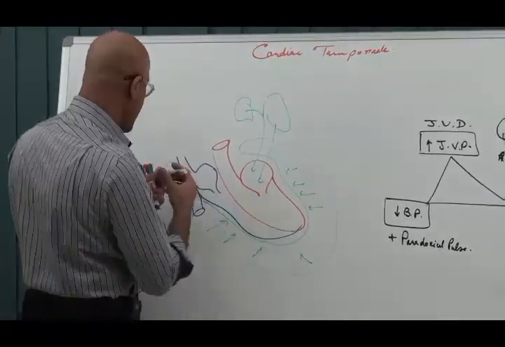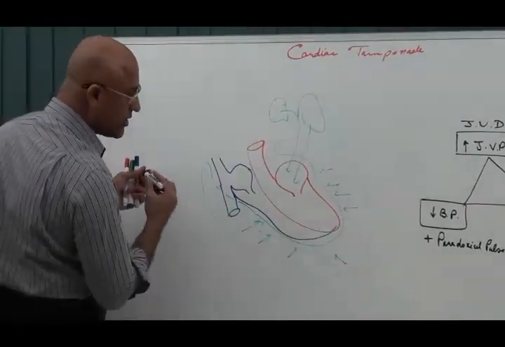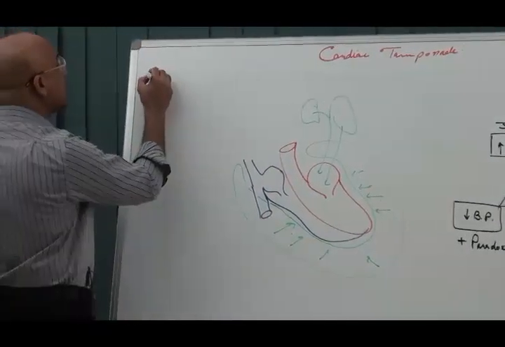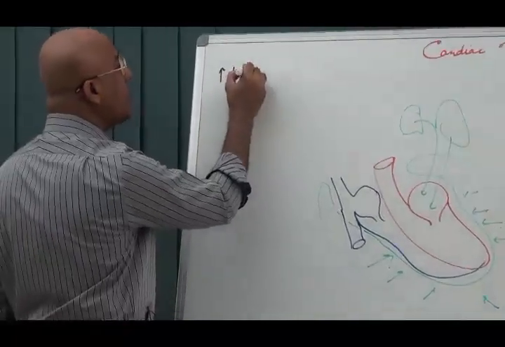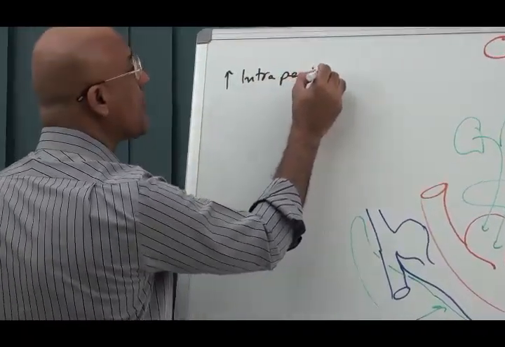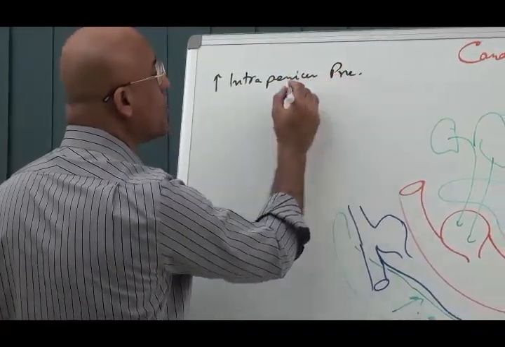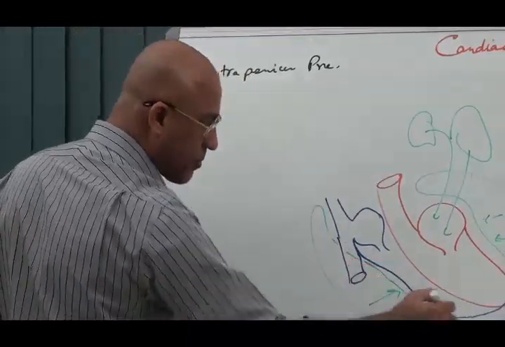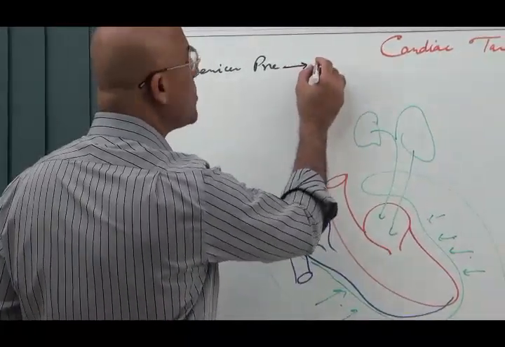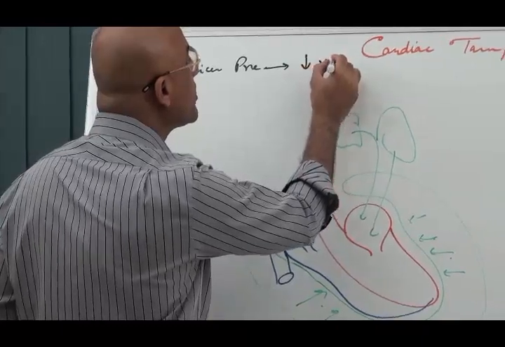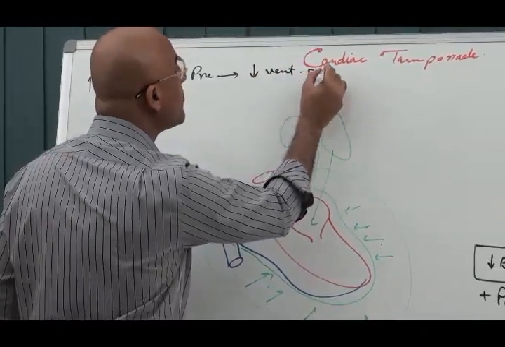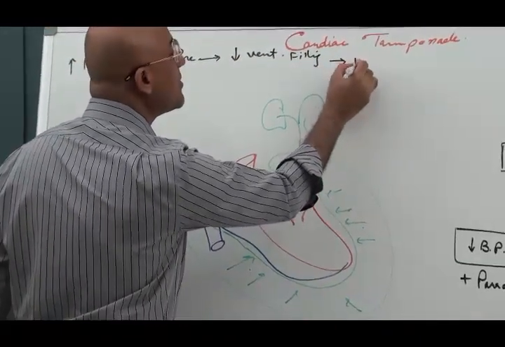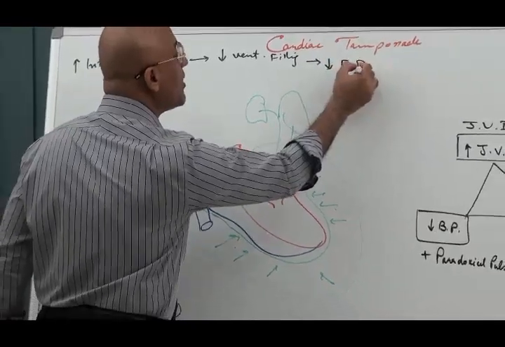So we can say that sequence of events is, number one, as there is increased pericardial pressure. When there is increased intrapericardial pressure, that will lead to decreased ventricular filling, and that will lead to decreased end diastolic volume.